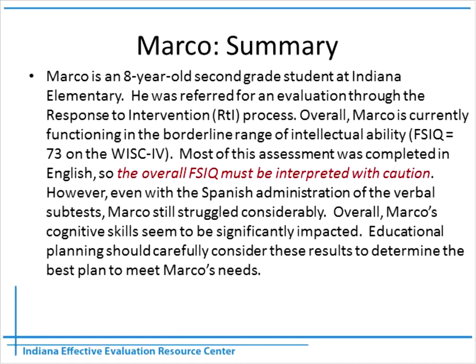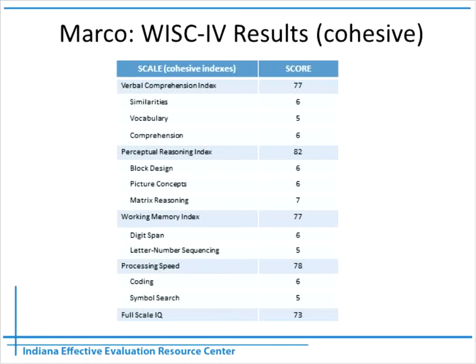So if we continue on, all right, here are results that were presented, and in this case, these are called cohesive results because I think the person was following cross-battery principles, and so either additional testing was done or the indexes were derived by using scores that would produce the cohesive indexes, which my guess would be that some of them might have come from the Spanish language testing.